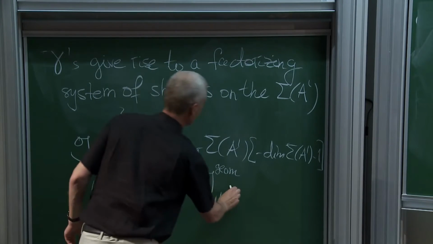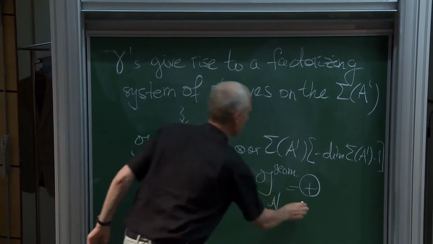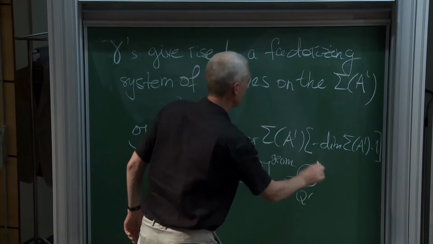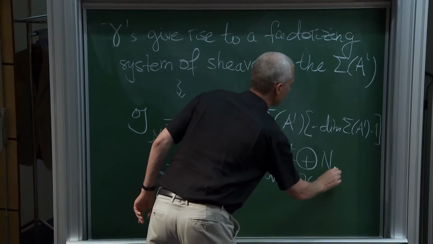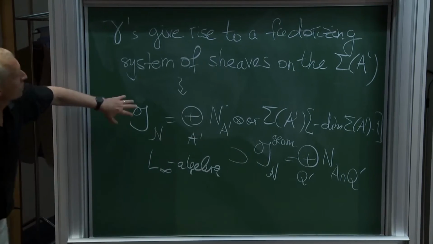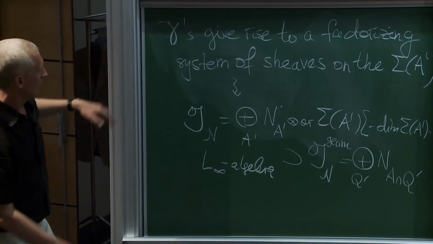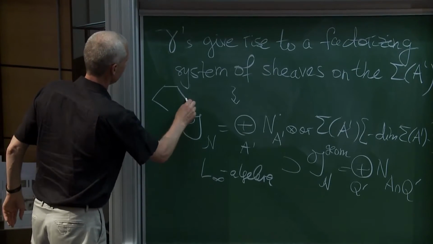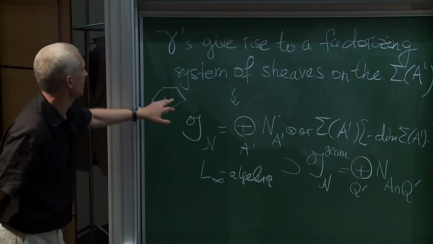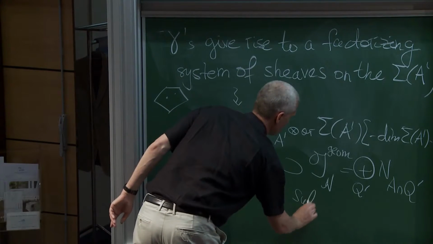It will be a direct sum, not over those sets, but over subpolygons, and here I write n of A intersected with Q prime. This is the way to simplify this algebra, to remove the freedom of considering several choices of points inside one polygon. So it's a sub-Lie infinity algebra.